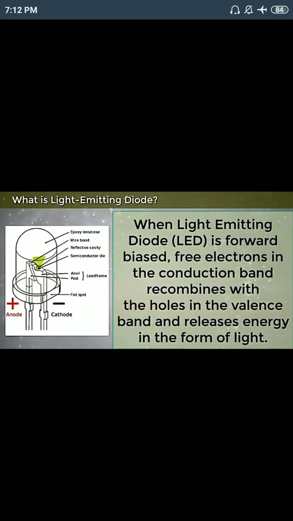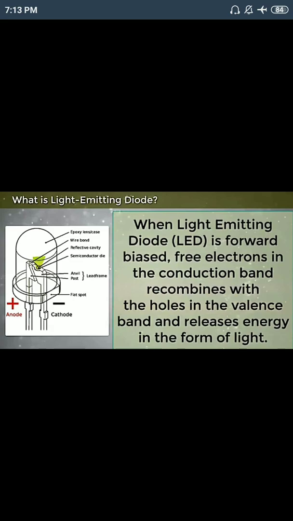Now if that electron tries to return back to the valence band, how will it return? Whatever energy that electron absorbed to move from the valence band to the conduction band, if the electron releases that energy from the conduction band, then it will lose its energy and return to the valence band and recombine with the hole.